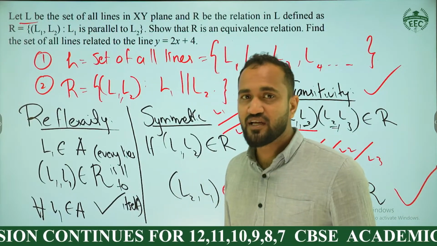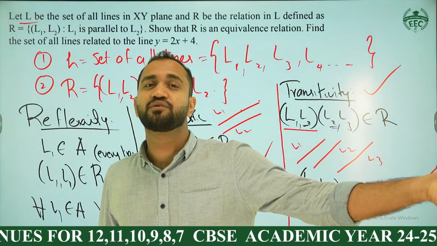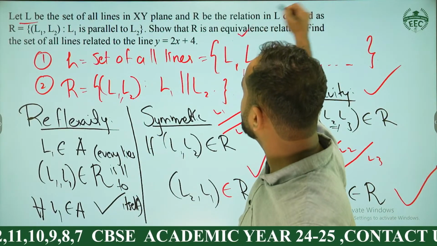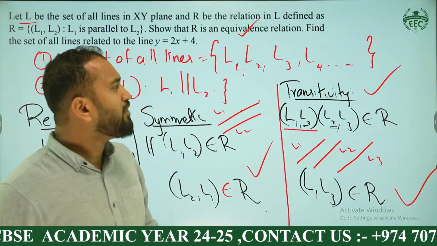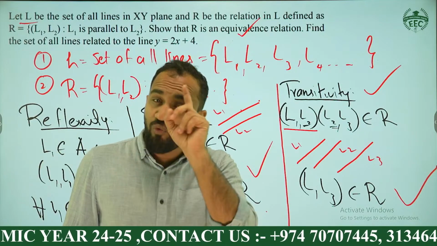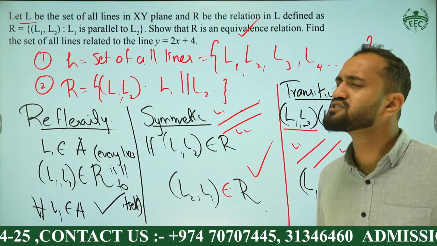This is how you can check reflexivity, symmetricity, and transitivity, and hence I can say that this relation is an equivalence relation. By the way, if you found this relation is reflexive, symmetric, but not transitive, that is, any one of the three criteria is not satisfied, can you call this relation equivalence?